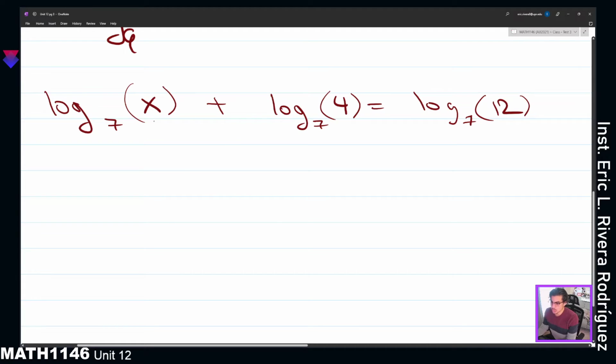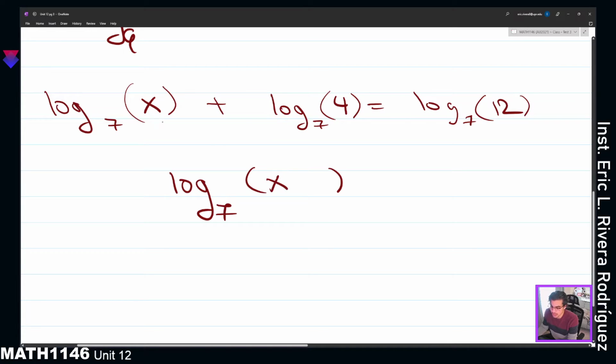So we have on this equation two terms on the left side. Those two terms contain logarithmic functions with the same base. Because we have an addition, we can use the product property. So now it will be log base 7. Now we combine the two arguments into a multiplication.